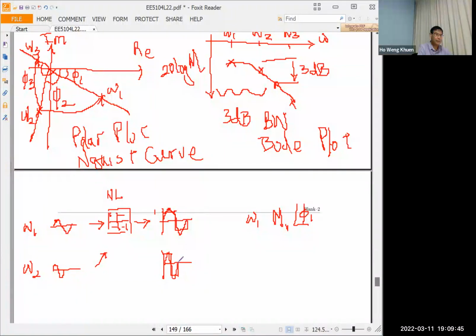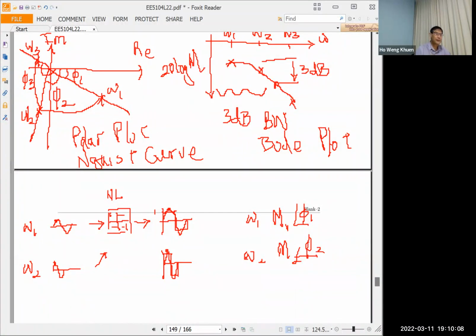Take the amplitude, divide by this amplitude, and you get a gain of M2 at omega 2. Then you compare with this sine wave, and you see a phase lag of phi 2.